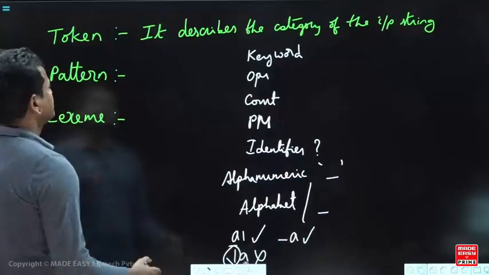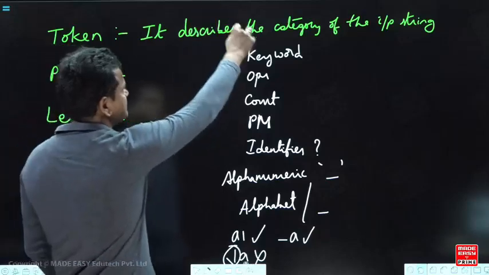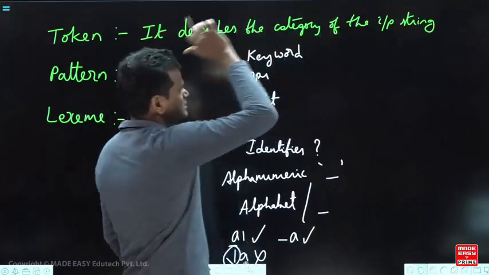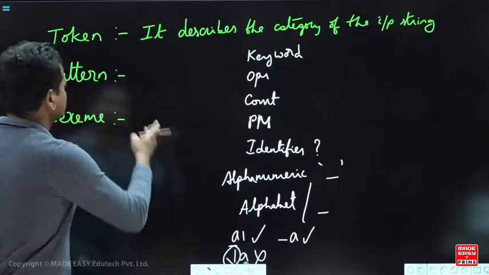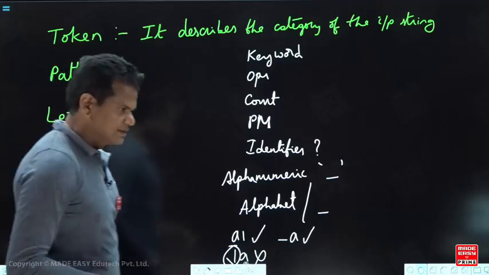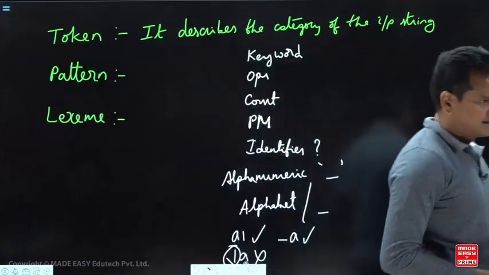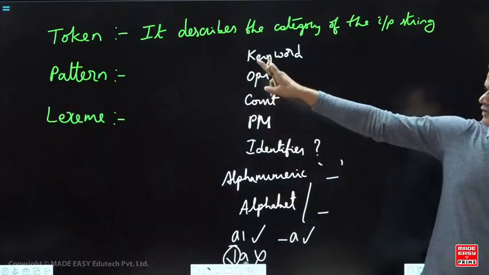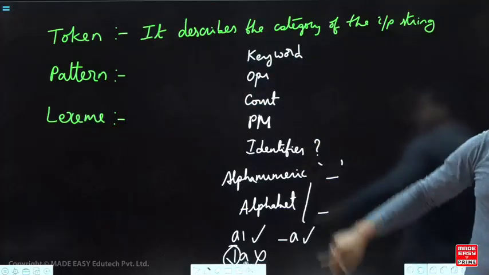Now, what is a token? It describes the category of the input string. The terminologies used in lexical analysis: first, token. Copy this.